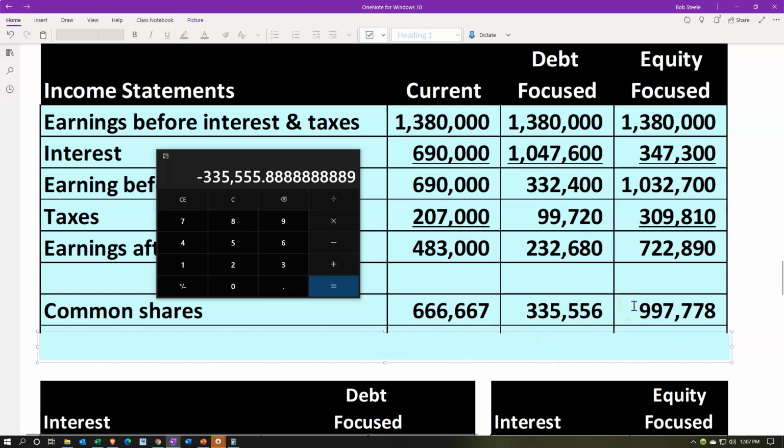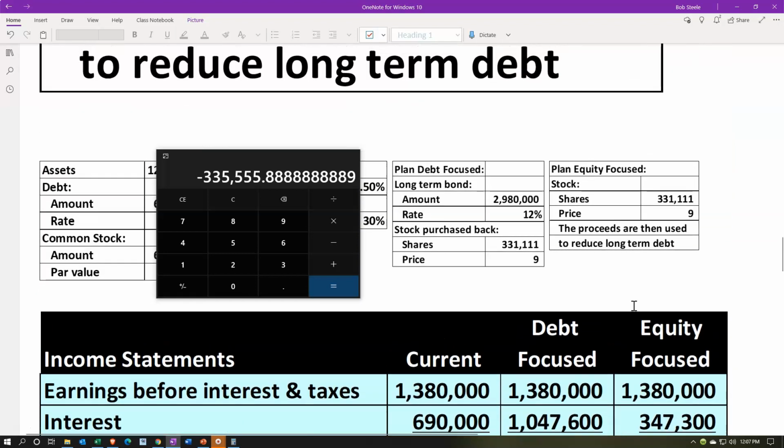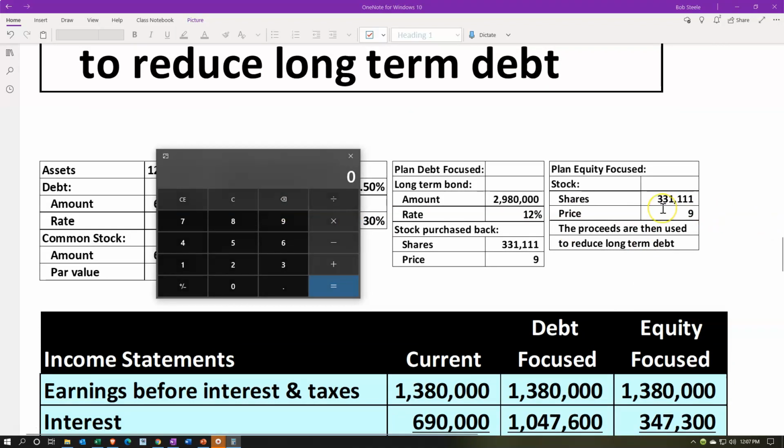On the equity plan, then we have more shares because on the equity plan, we issued more shares. We issued this 331,111 about times $9. And really, again, it's this 2,980,000 divided by 9. So it's that number times the $9 price, and that's where we're getting the 2,980,000.